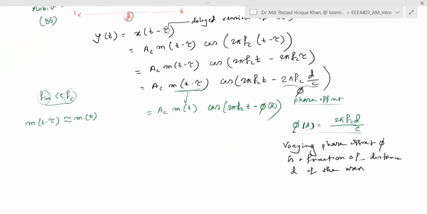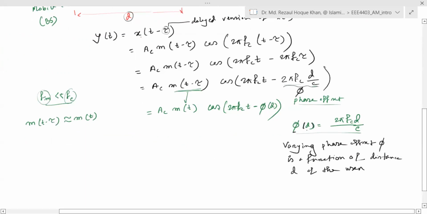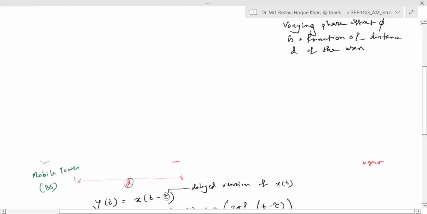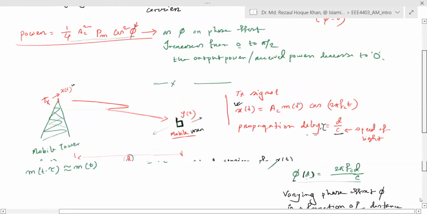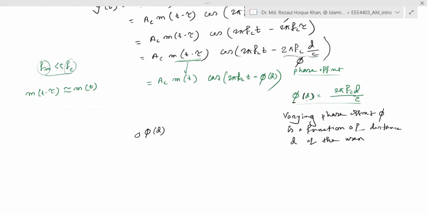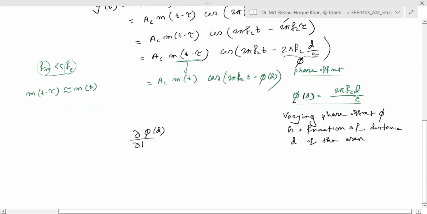Now we would like to play around with this distance function. Let's see what happens. So this phi as a function of d, let's differentiate it, d by dt.